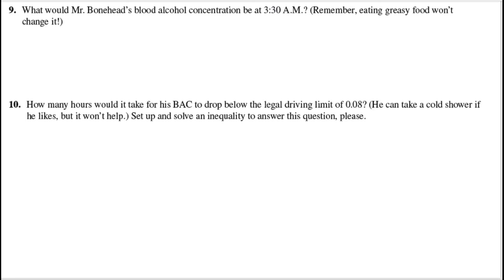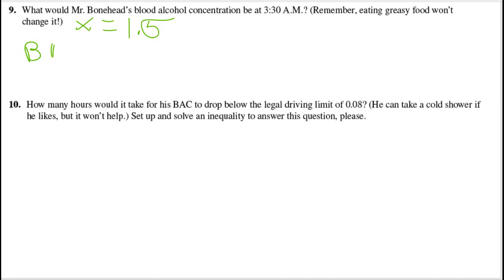Okay. Question 9. So they're reminding us that really nothing affects your blood alcohol content except time. Okay, so what would the blood alcohol concentration be at 3:30 a.m.? Remember, he was picked up at 2 a.m., so that tells us x equals 1.5.